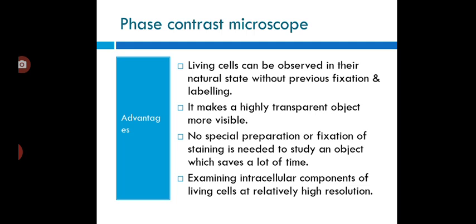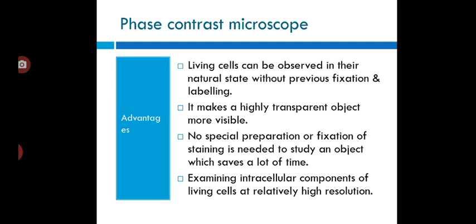In some cases where you need to observe various microorganisms or cells, they need to be prefixed or pre-stained. But in the case of the phase contrast microscope, living cells can be seen in their natural state where no fixation or labeling is required.